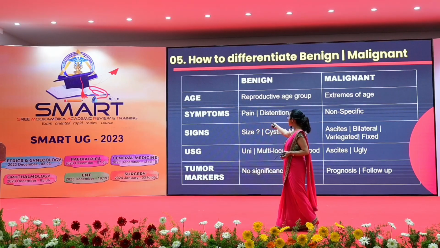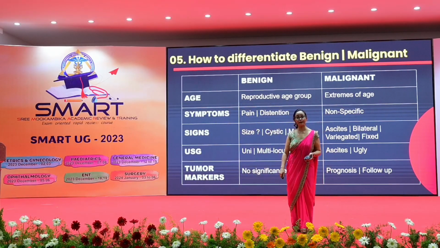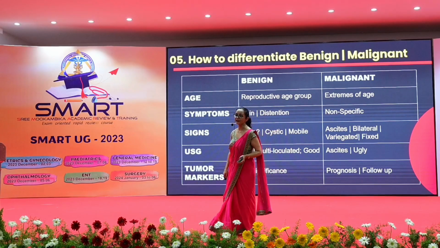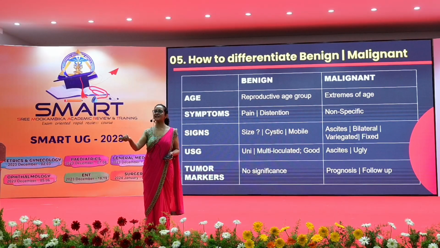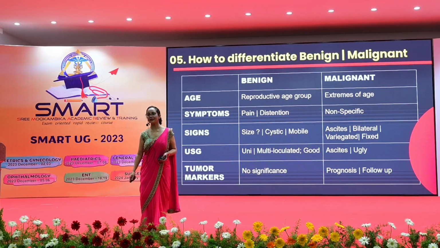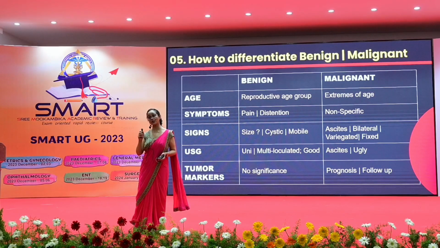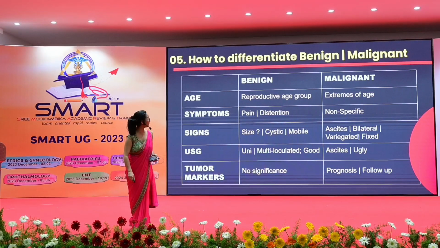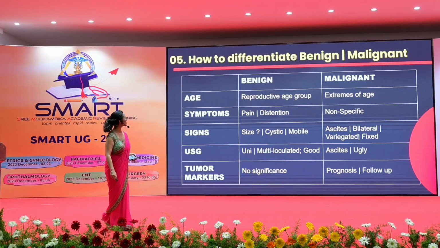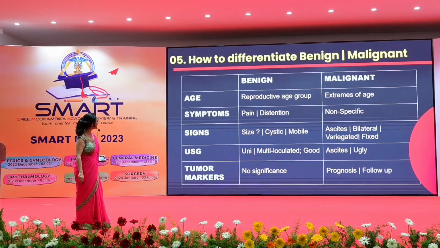Benign lesions will be in reproductive age groups. Malignant lesions will, as every time, be in old ladies, but here in adnexal it is a little different. They can be in teenage girls also. If she comes with an ovarian cyst, it can be a malignant ovarian tumor. That is the difference. So extremes of age will present as malignancy.